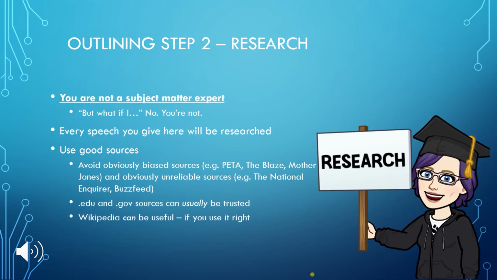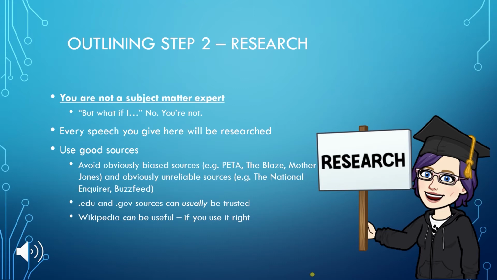Now that we have that decided, let's go on to step 2, where we need to go get information to put in our speech. Let's start with a basic fact here. This is not the New York Times opinion section, and you are not a subject matter expert. Don't come to me with, but what if I actually know a lot about this already? No, you're still not a subject matter expert.